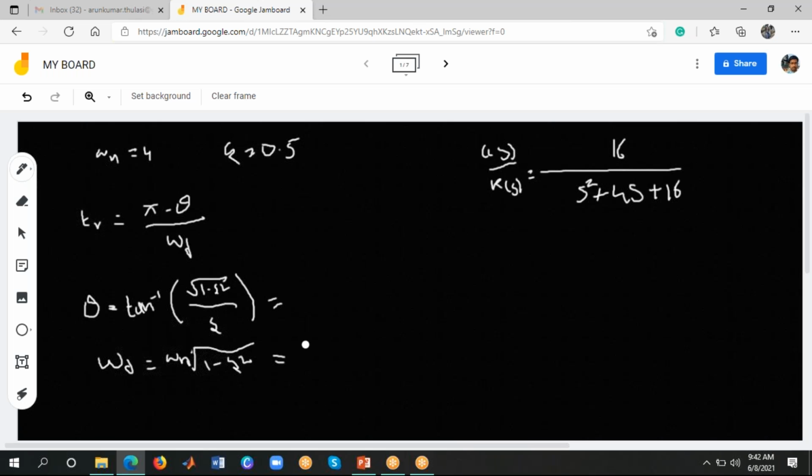First find the theta value. Students, do you have any doubts here?